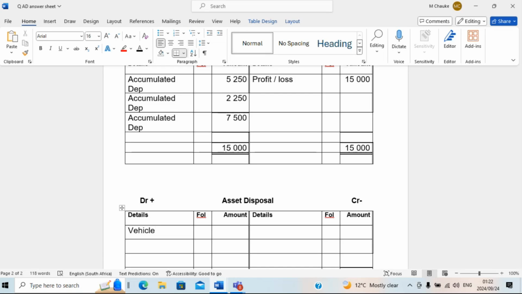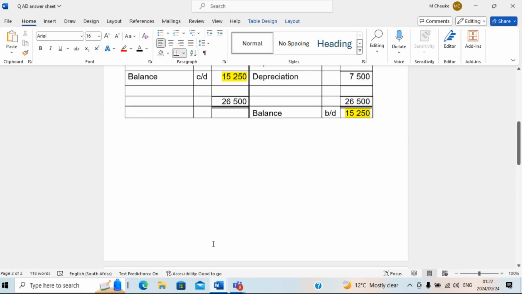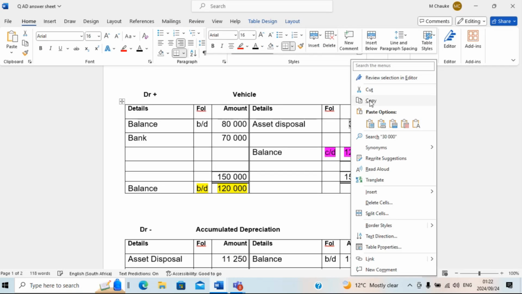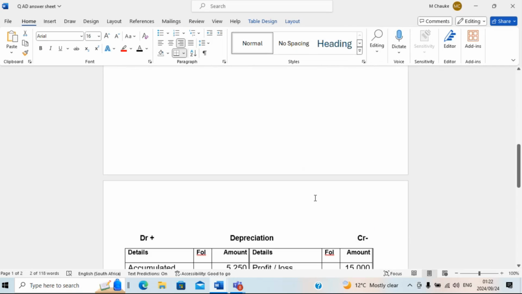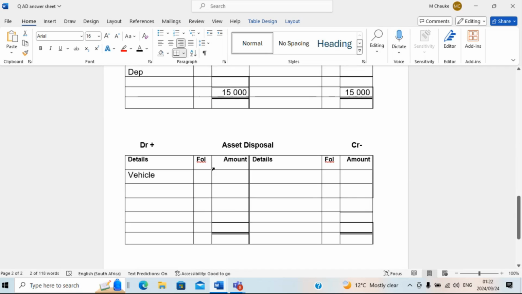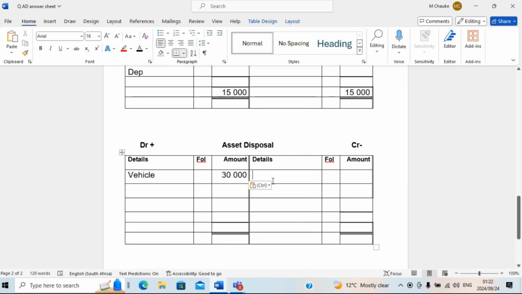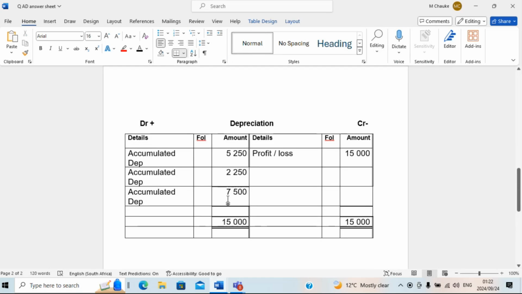I'm also using the duality principle here, or the double entry system principle, where I'm going to take this 30,000 from the vehicle account, copy it, and paste it on the debit side of my asset disposal account, right? I'm also going to have accumulated depreciation on the other side.